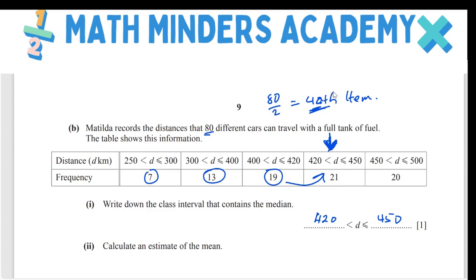Now we want to estimate the mean. For us to get the mean, we are going to take the midpoint of each of these classes. How do you get the midpoint? For this first class, the lower limit is 250, the upper limit is 300.